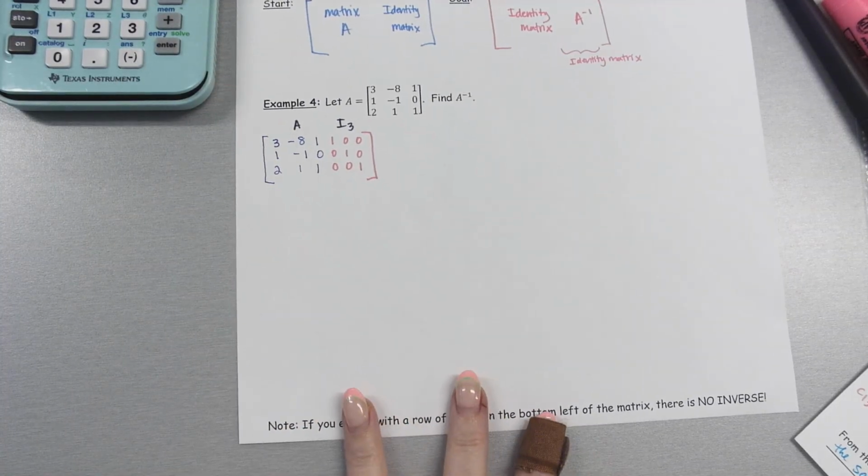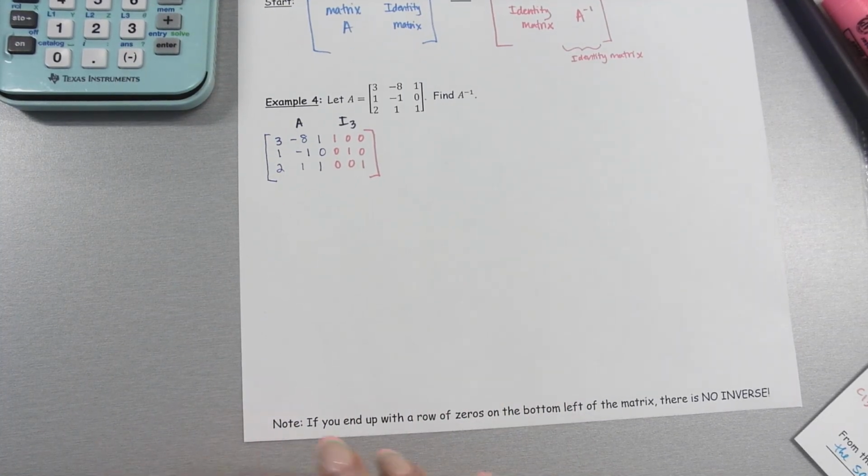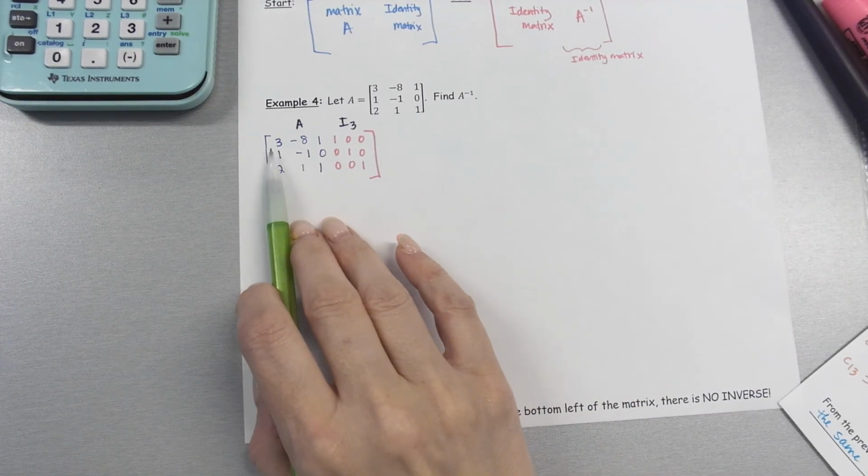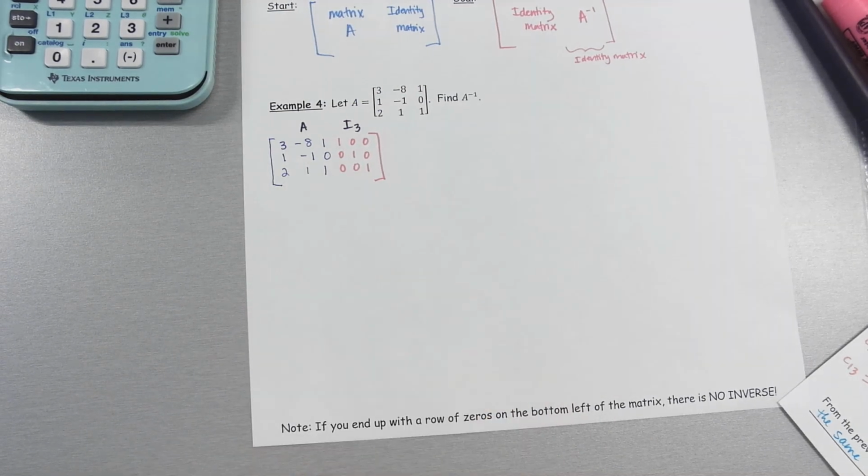Just like we did last week with the reduced row echelon form, what's always our first step? What's our first goal? What do we want to get first? Yeah, we want to get a 1 in the top left. We could multiply all of these by 1/3, but let's try to avoid the fractions for a little bit if we can.